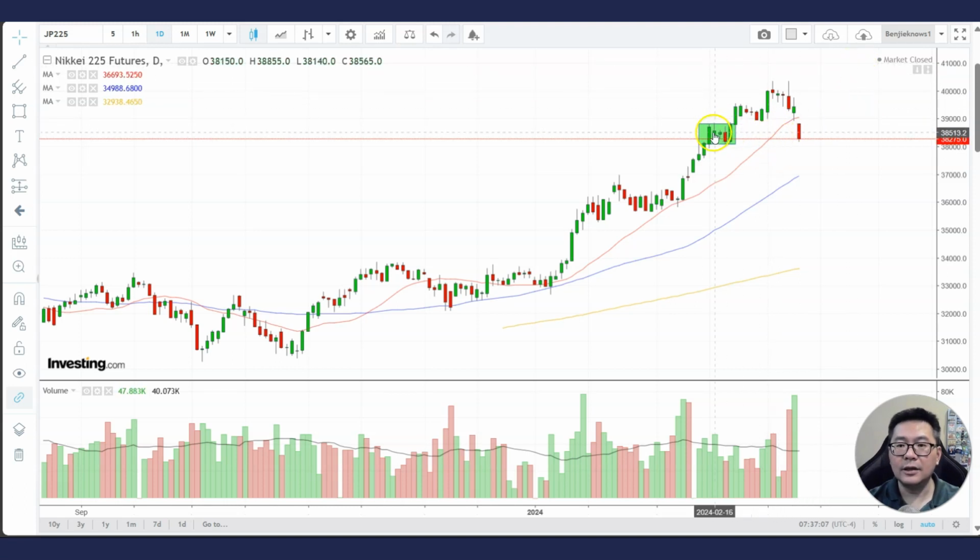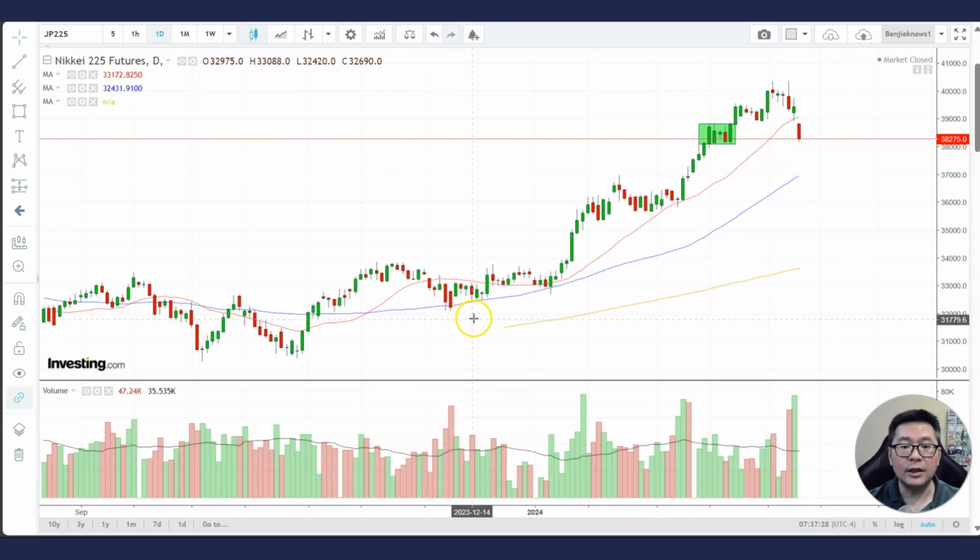If on the other hand this support does not hold, it might drop to the 50 MA, where you want to see whether it produces an area for you to buy the stock. Now 50 MA areas are good areas for you to pick up Japanese stocks, or the index itself, at a cheaper price.